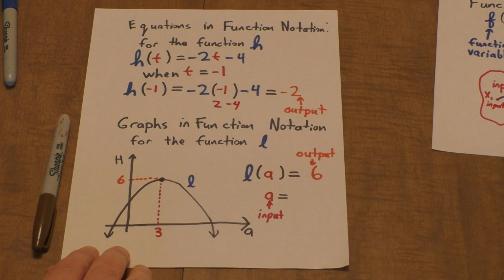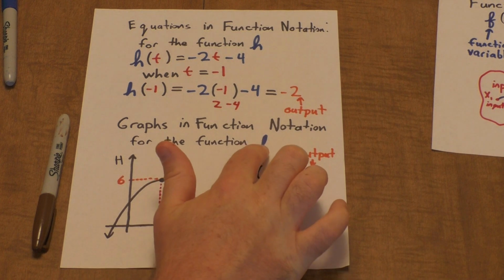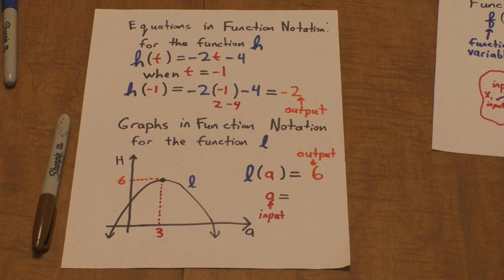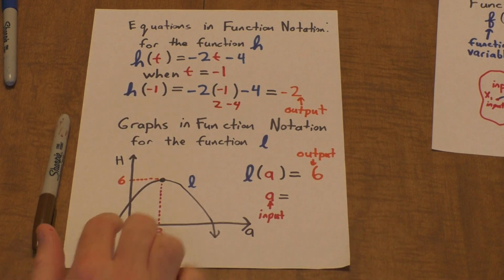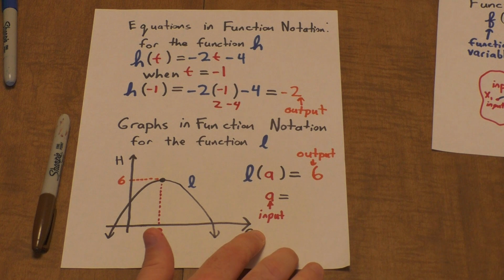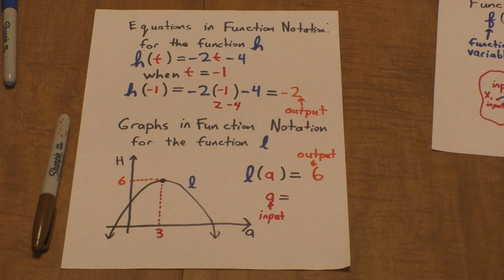Let's look at some graphs here. So the function of a graph, I have this function L. I have L of A equals 6, so 6 is my output. Here's our coordinate plane. My A is my input, so it's down here with your x variable. And this big H right here is going to be my output.